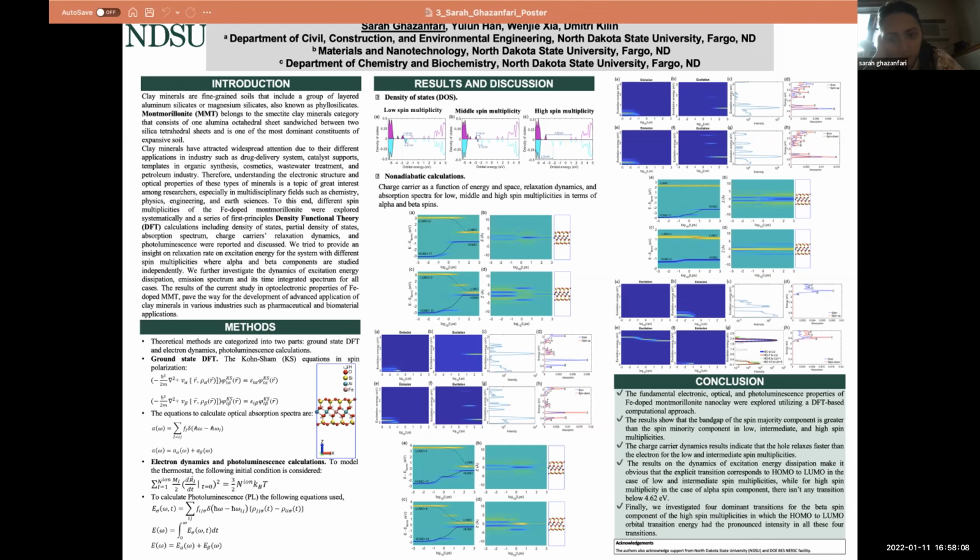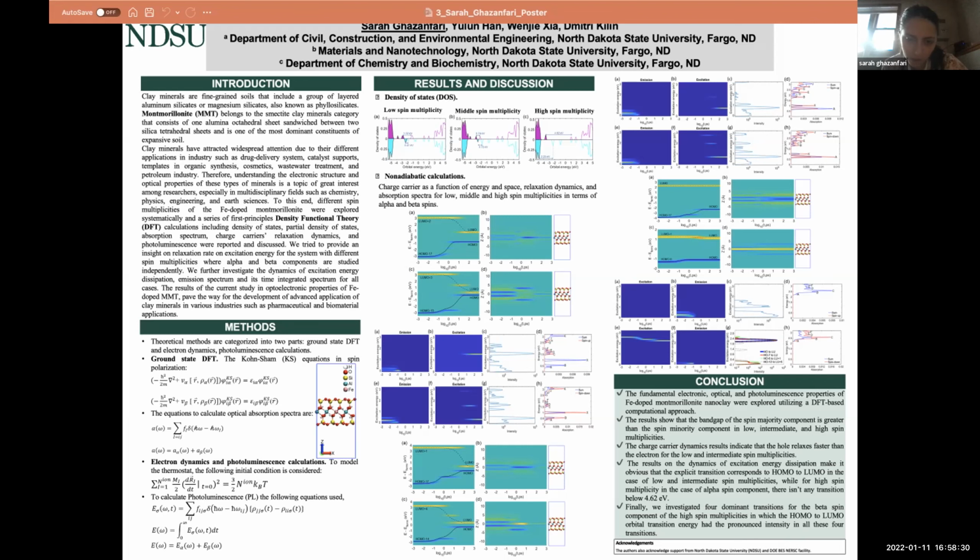The hole actually relaxes faster than the electrons for the low and intermediate spin multiplicities. And then I explained regarding these emission and excitation plots.